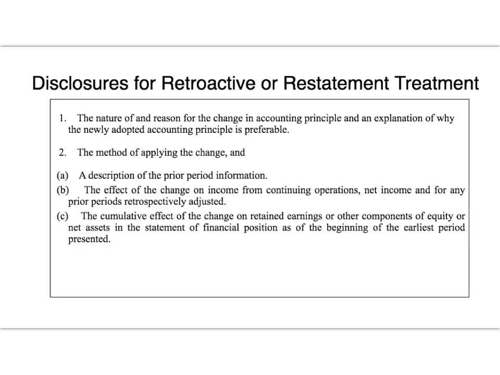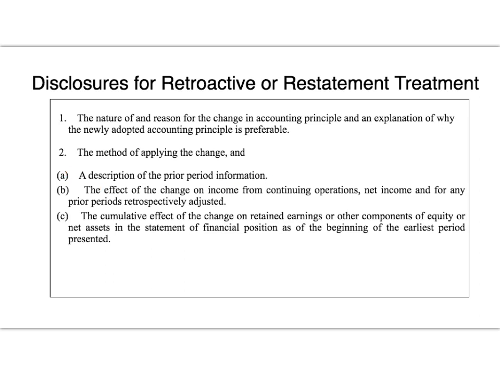Okay, and what do you do as far as disclosures for retroactive or restatement treatment? That's extra disclosures: nature and the reason why change occurred. So you've got to explain to your users what is going on here, why the numbers are different, especially if they looked at prior years and now retained earnings are different, so we don't confuse the user. The method of applying the change.